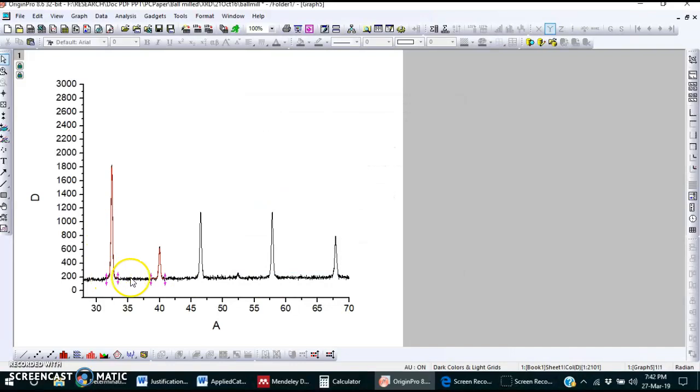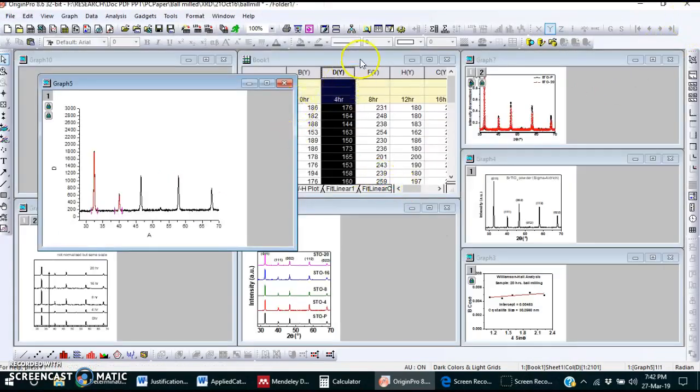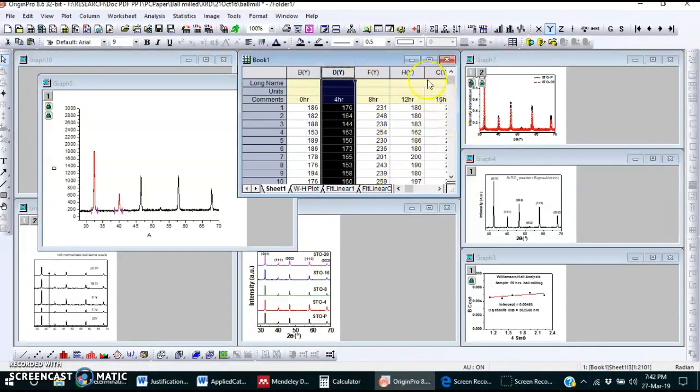So these two peaks we have fitted, and we have noted down the position of this peak and this peak, and FWHM of this peak and this peak. I have already done all the work, so we will switch to our worksheet.